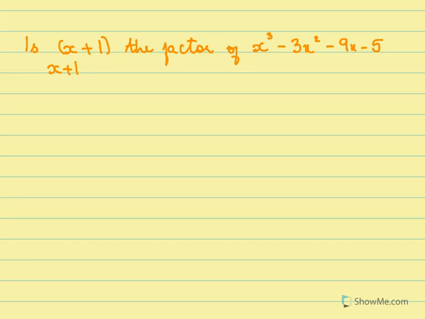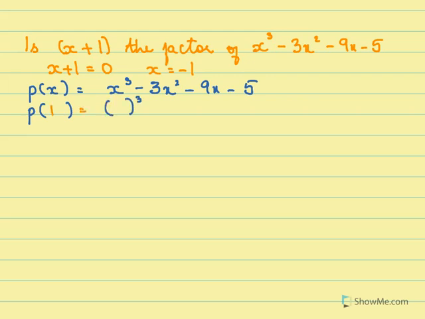So we do the same procedure. x plus 1 equal to 0, x equal to minus 1. So I have P of x equal to x cube minus 3x square minus 9x minus 5. So we have P of minus 1 equal to x cube minus 3x square minus 9x minus 5.